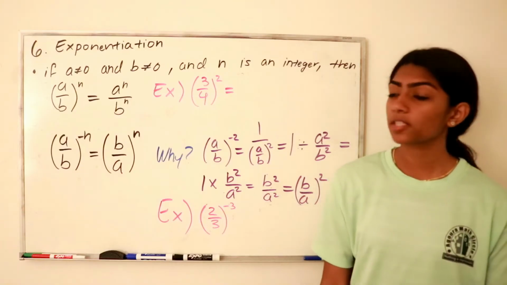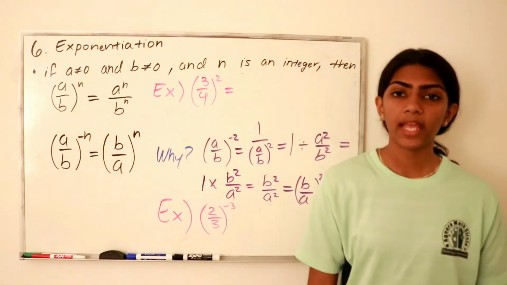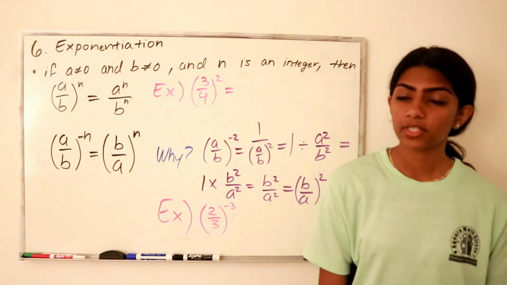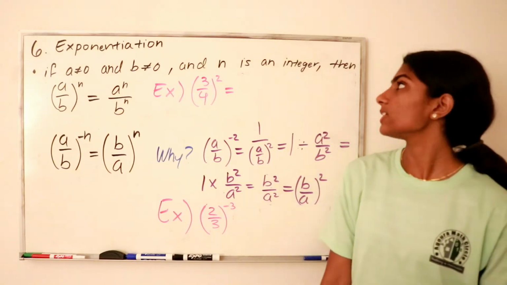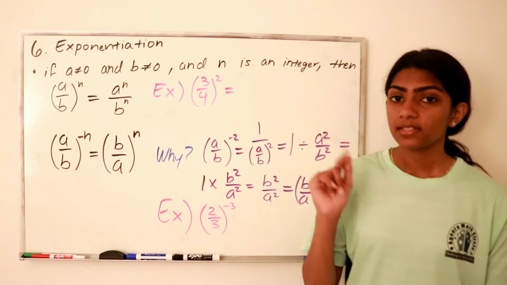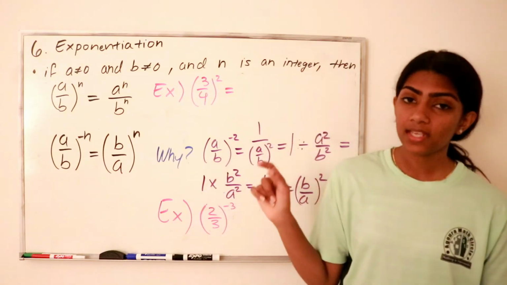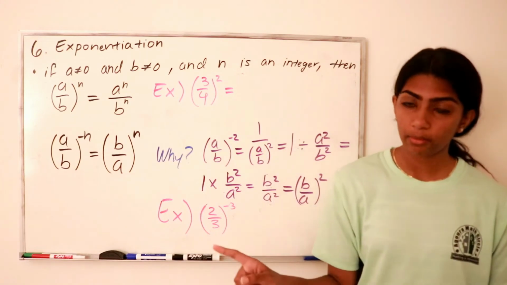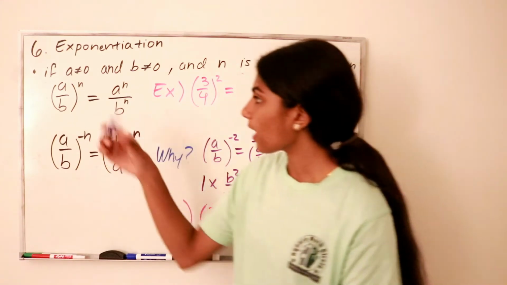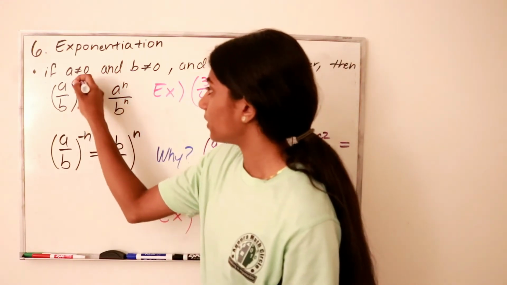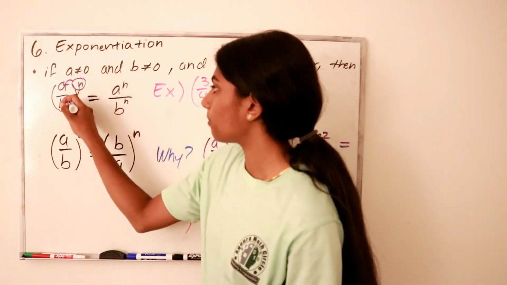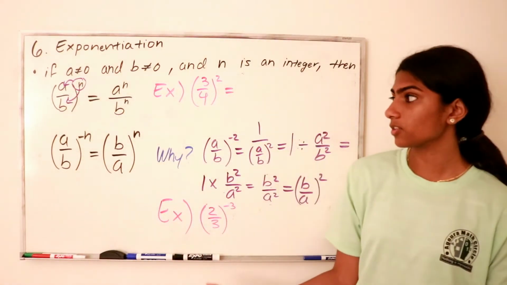Now let's move on to exponentiation. So if you let a and b equal non-zero numbers, and n is an integer, then a divided by b raised to the nth power equals a to the nth power divided by b to the nth power. So we're pretty much applying this exponent to the top and the bottom of the fraction, or the numerator and denominator.